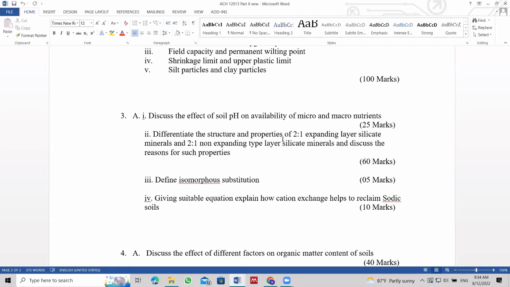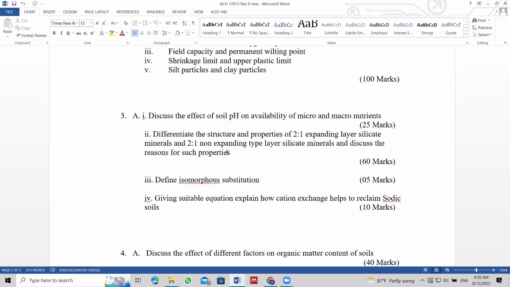Isomorphous substitution. What are 2:1 expanding clay and 2:1 non-expanding? Forgot?